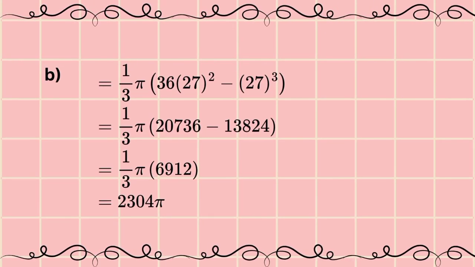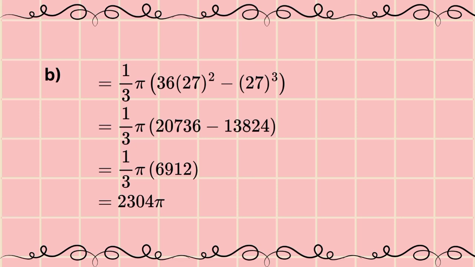For question B, we have to find the maximum volume. With that, we take our volume equals 1 per 3 pi times (36x squared minus x cubed), and we fill in x with 24. Then we multiply, we subtract, and we multiply also.